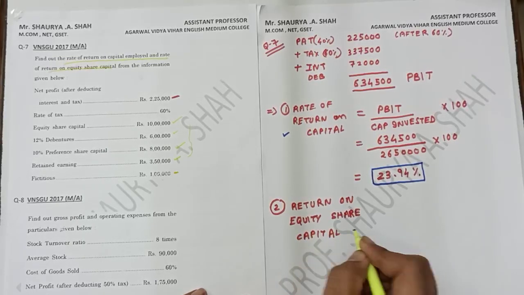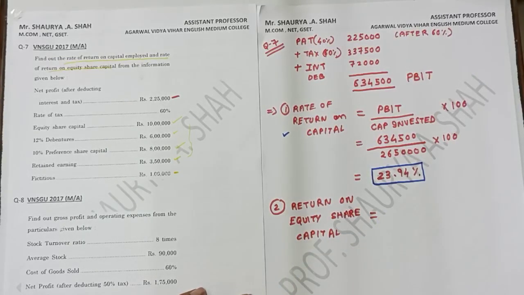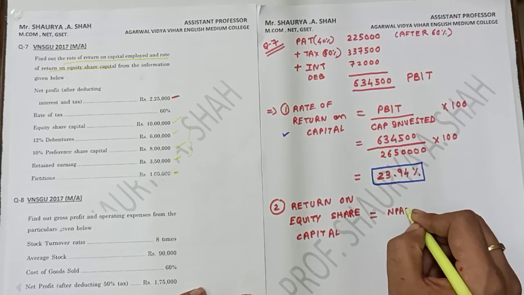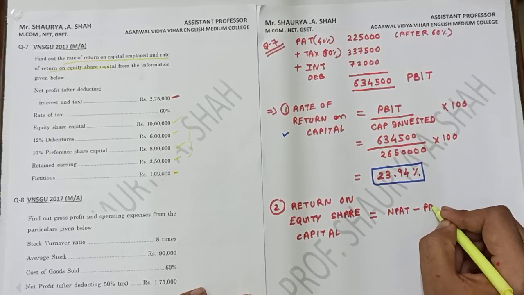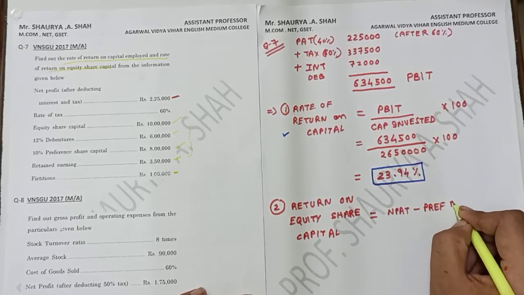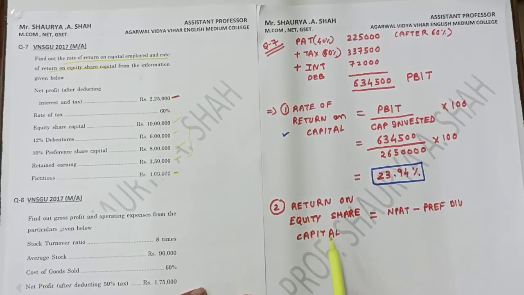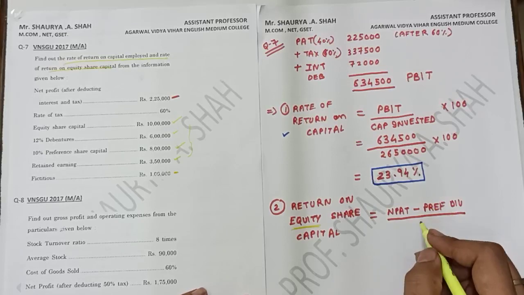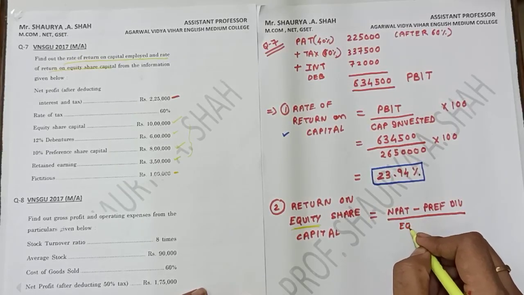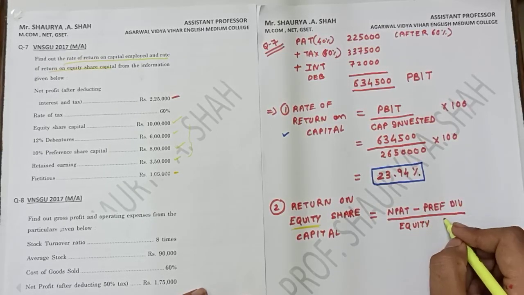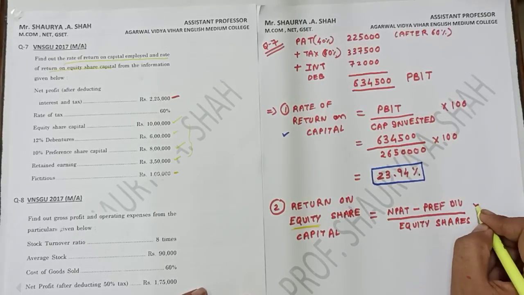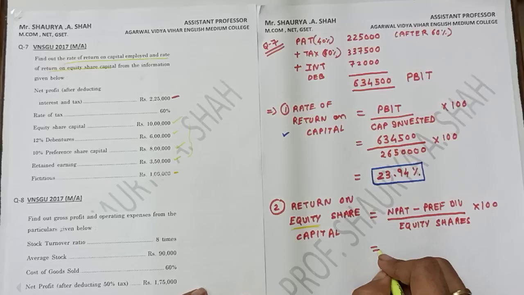Now dear students, return on equity share capital is equals to, you must be knowing the formula, net profit after tax minus preference dividend. Why? Because only the term equity share capital is there, and equity share capital means the profit which goes to your equity only, and upon you will be taking equity shares into 100. So what is my net profit after tax?